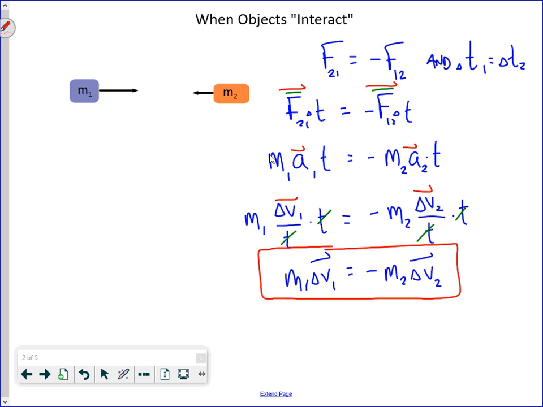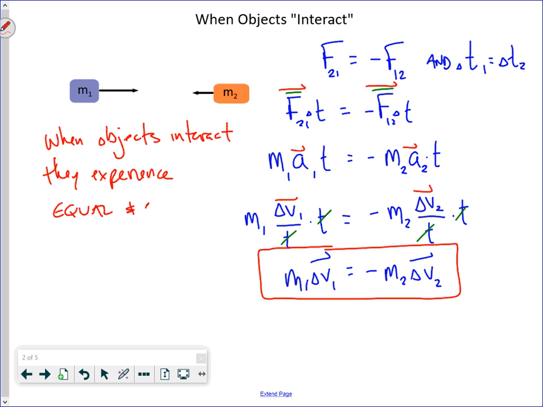This says that when objects interact, they experience equal and opposite m delta v, the product of m and delta v.